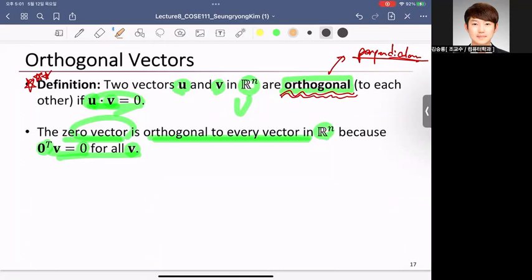Who wants further midterm checking? No? Okay, if you want to check your answer sheet further, please let me know. Then I will reserve the meeting with TA to check your answer sheet. Okay.